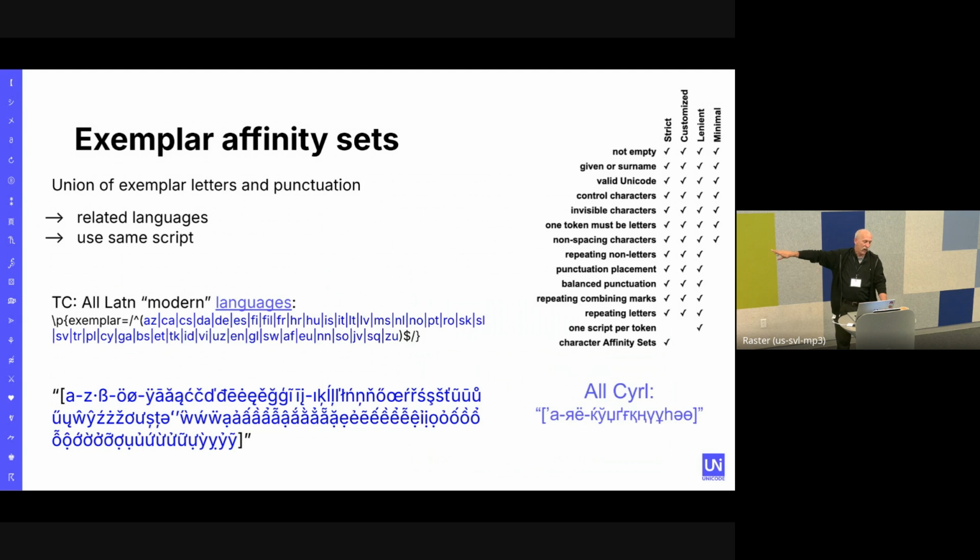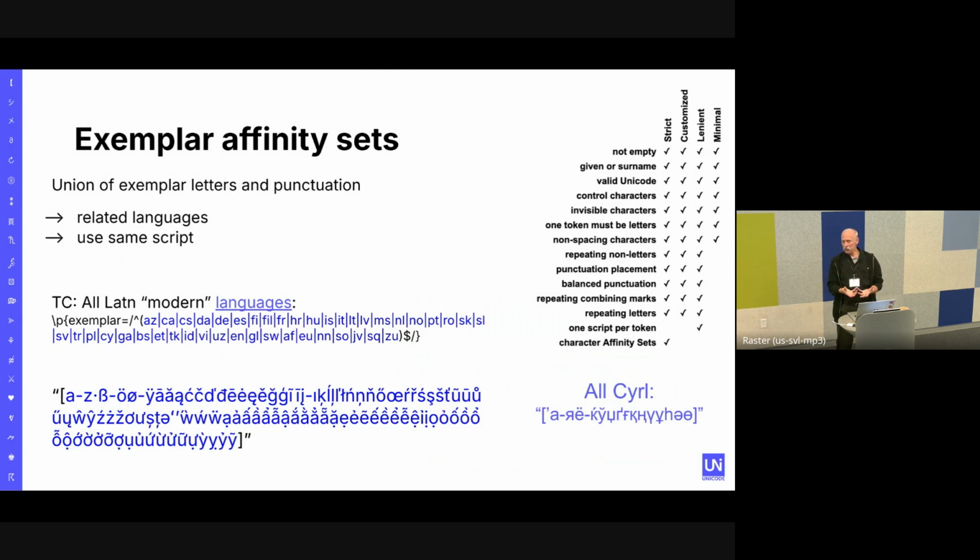The hyphens are for ranges of characters, so like A through Z, and then beta through umlaut, and so on down the line. You can see the list for all Latin-based languages is a lot shorter than what you have for all the Cyrillic-based, which would include Russian, Ukrainian, etc. That one is much shorter: the A through, and I don't know the name of the Russian letter, and then a few others at the end. And then that would be the set.